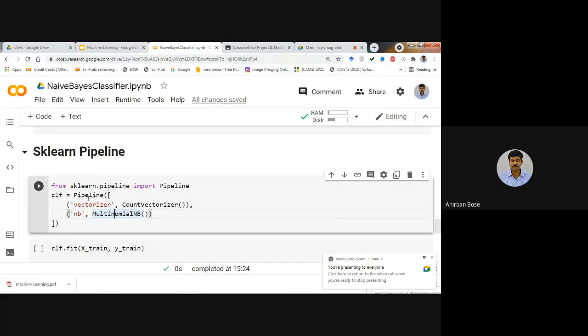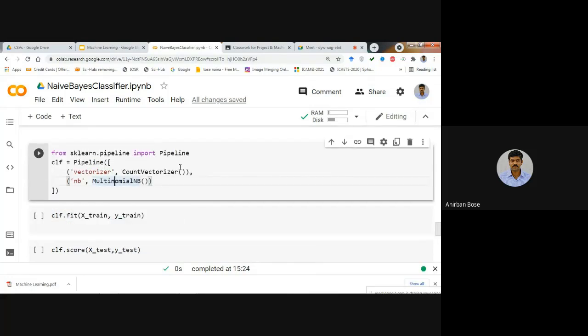Okay. Now you use the pipeline. Now see the code snippet carefully, where we have given a name, CLF. That name can be any name. So now we are defining the pipeline. Within the pipeline you are passing a list, and within that list are the different tasks that you are passing one by one.